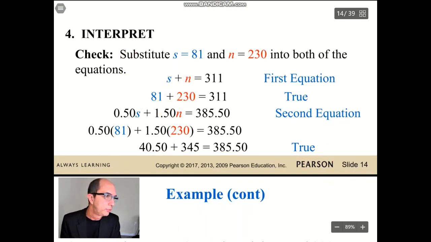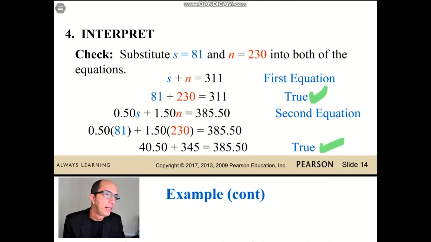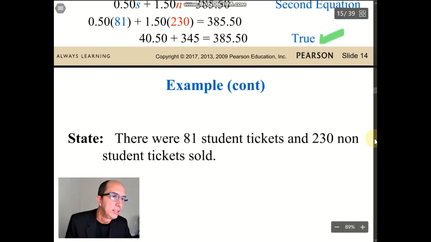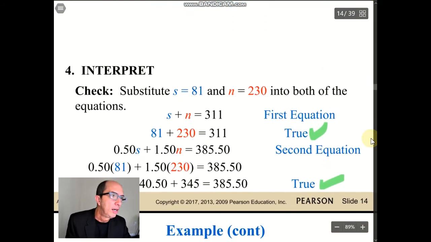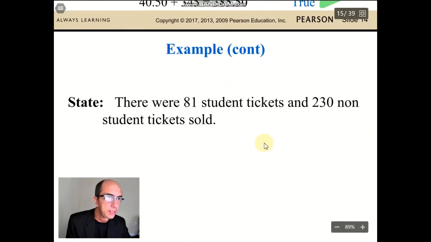If you get a true statement on both equations, then you can finally conclude that S equals 81 and N equals 230 are the solution for this system, and you can state the answer to the question. There were 81 student tickets and 230 non-student tickets sold.